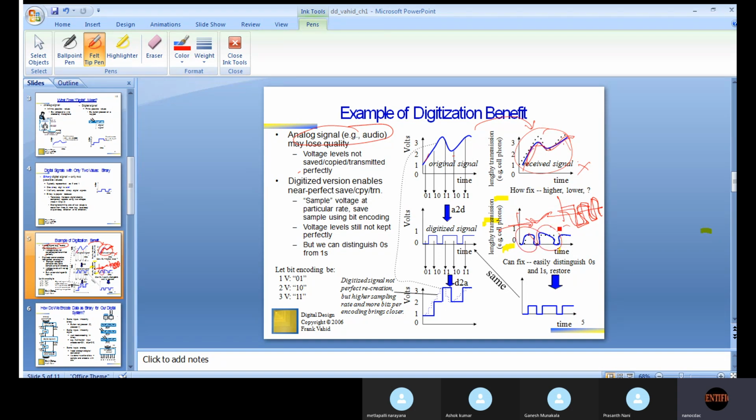But you can fix them very easily. That is the benefit of the digital signal. A digitized signal is not a perfect recreation, but with a higher sampling rate and more bits per encoding, it becomes easier.